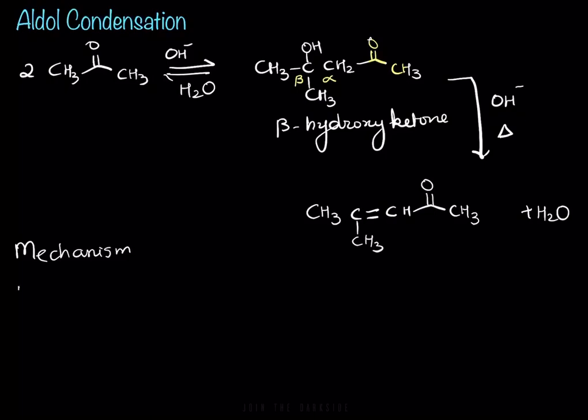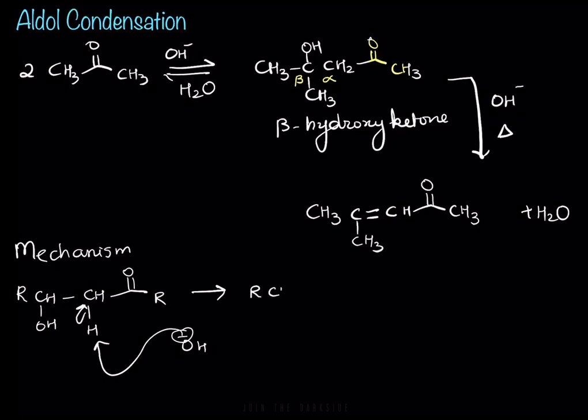So let's take our beta hydroxy ketone. Here is our beta hydroxy ketone. The base will abstract this acidic hydrogen, creating an enolate ion. And this enolate ion is in resonance with the other structure.